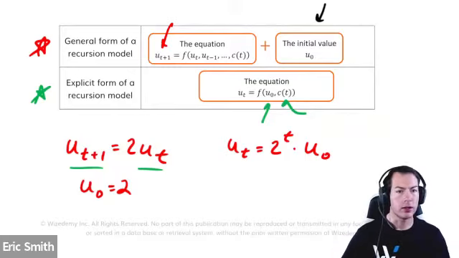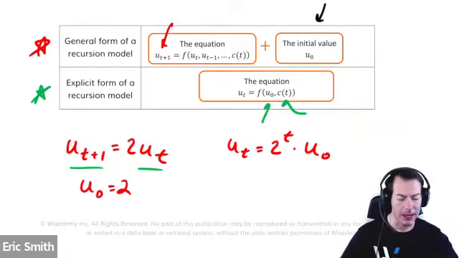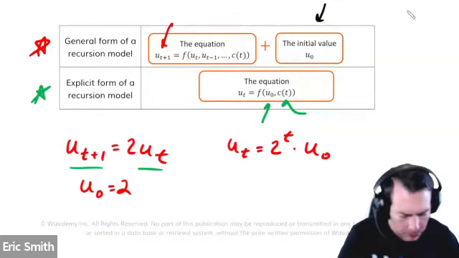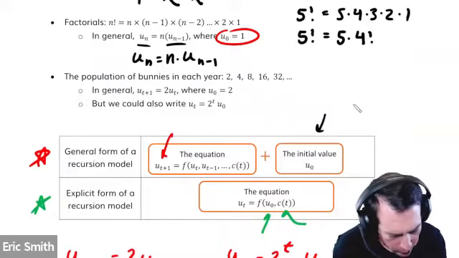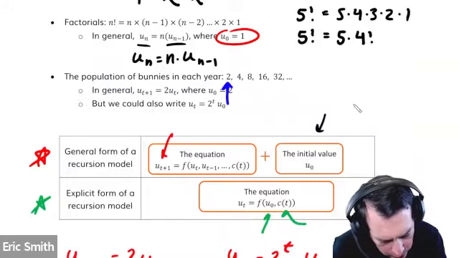Oh, excellent question. This is the one where you're looking at that explicit model and you're like, wait a minute, where'd they get that 2 to the t power? One way that you could get that t component of it is to actually look at the pattern of this. Let's go back up to where those numbers were. So here I'm starting at 2, and I can see that the next number is going to be 2 times 2. Here, this is going to be 4 times 2.